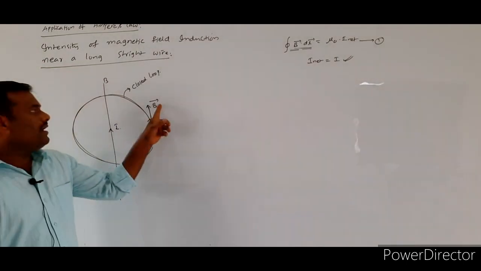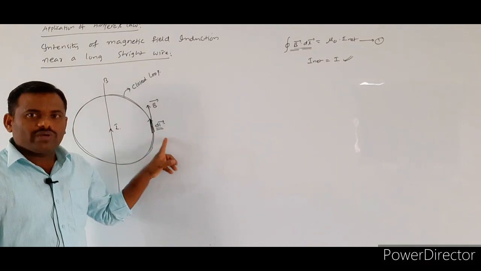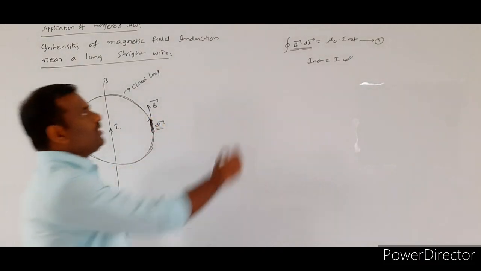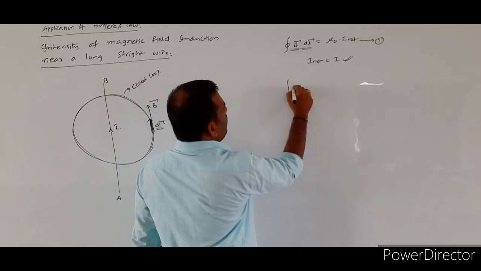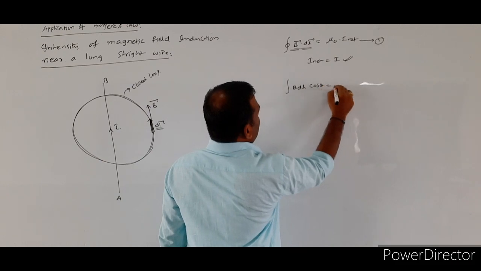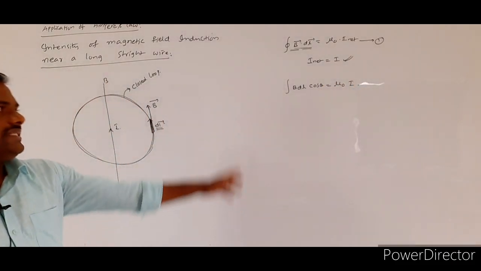So B bar and dl bar act along the same direction, as you can see in the diagram. Now, coming to the equation, the integral of B bar dot dl bar can be written as B dl cos theta. The right side is mu naught into I.